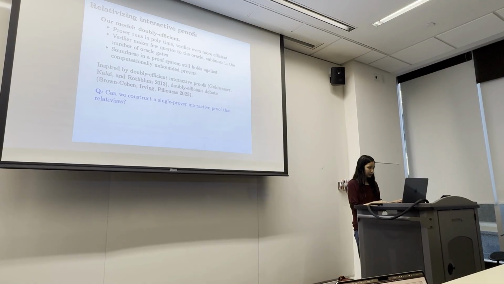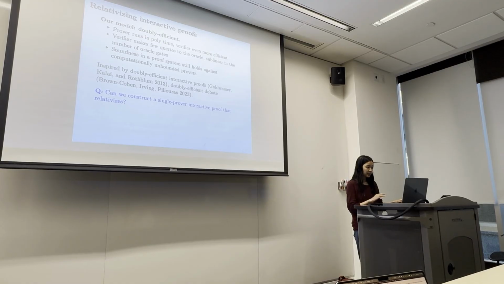Before talking more about this question, I'll mention some more things about our model, which is that of doubly-efficient interactive proofs. In this model, the honest prover runs in polynomial time, and the verifier is even more efficient, running in, say, near linear time. The verifier is going to make very few queries to the oracle.